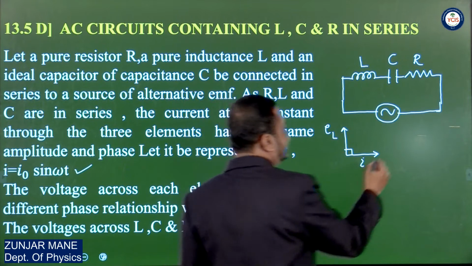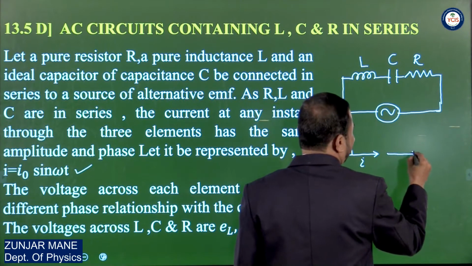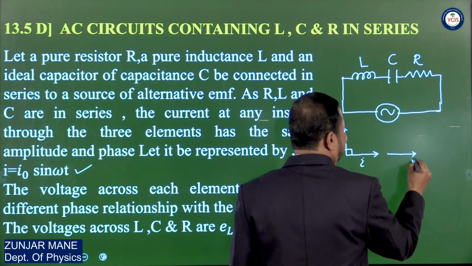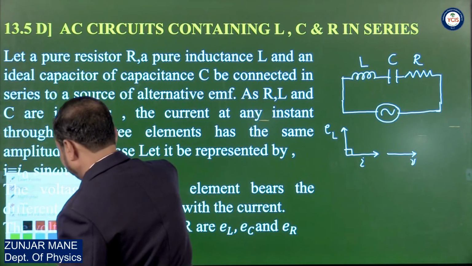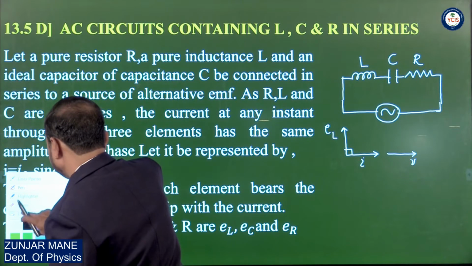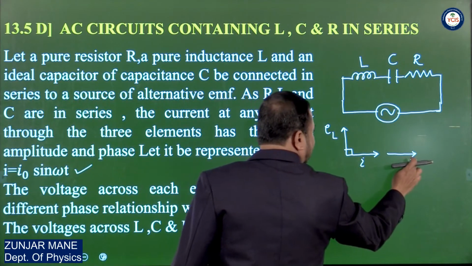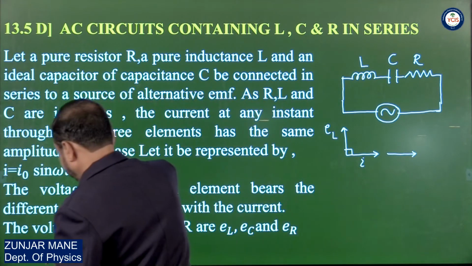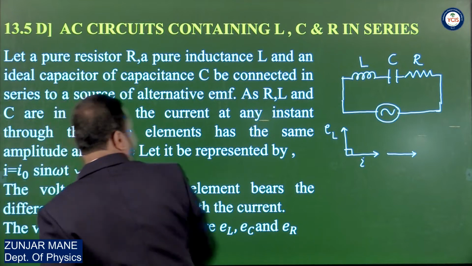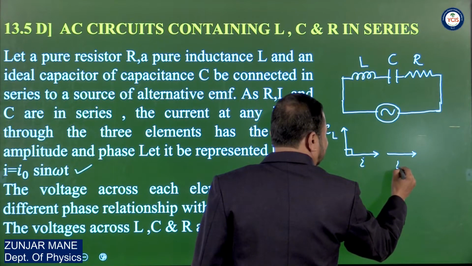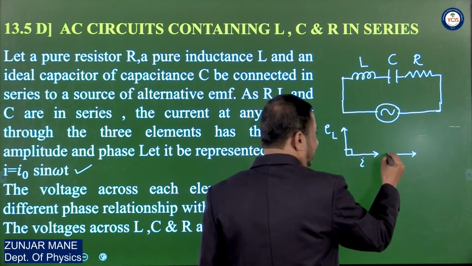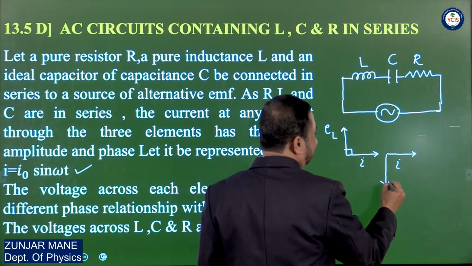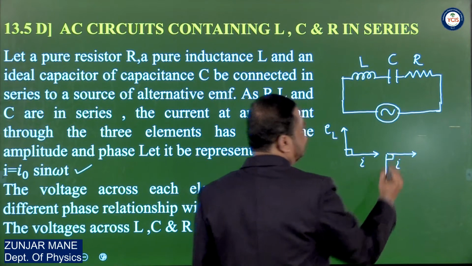Then if we consider a capacitor, suppose this is the current in this direction, then across the capacitor the voltage lags behind the current by phase angle pi by 2.